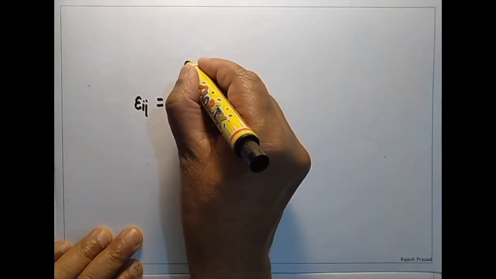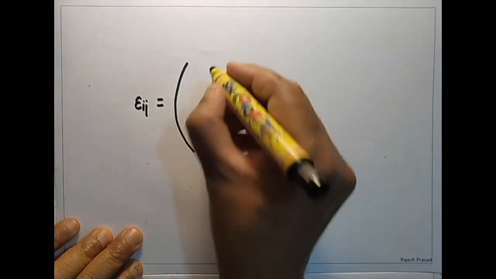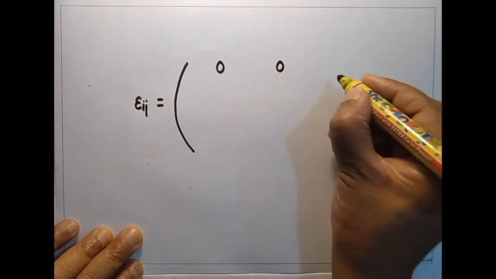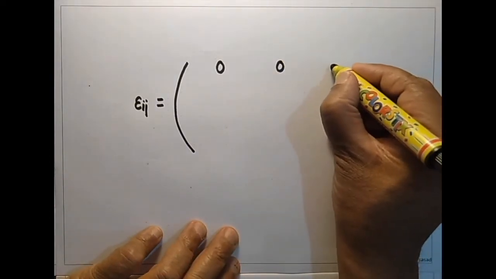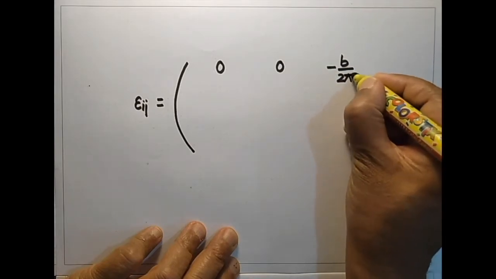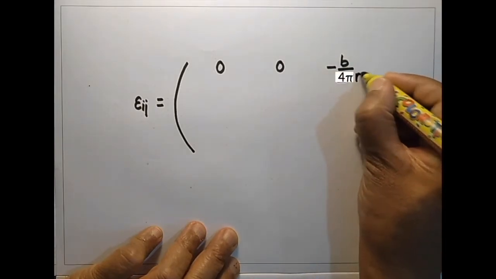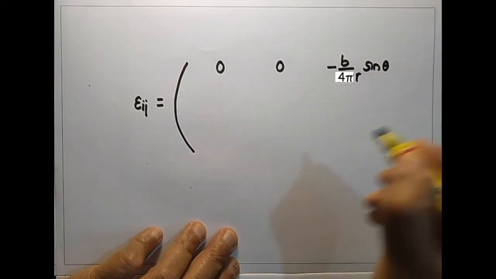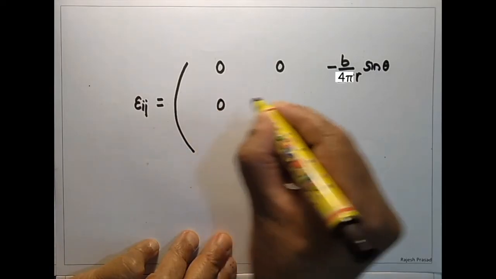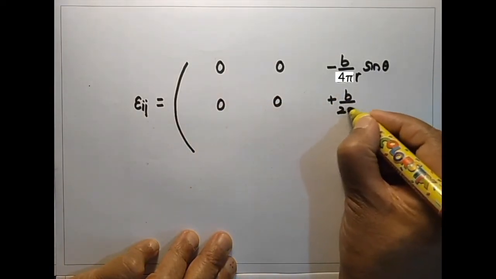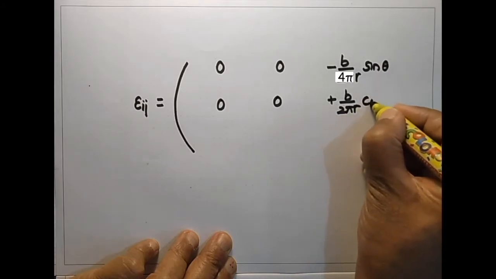the whole strain tensor matrix can now be written as 0, 0, minus b by 2 pi r sine theta; 0, 0, plus b by 2 pi r cos theta.